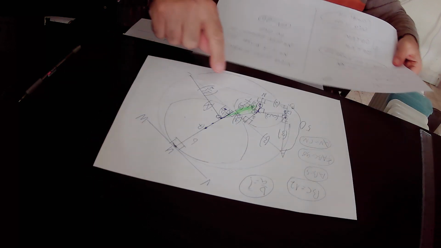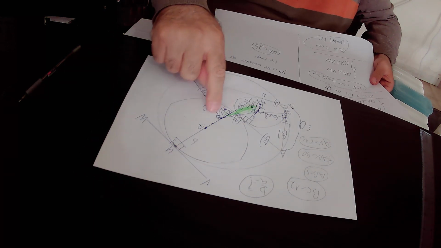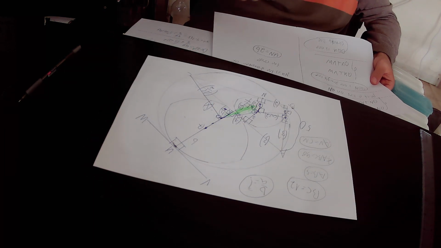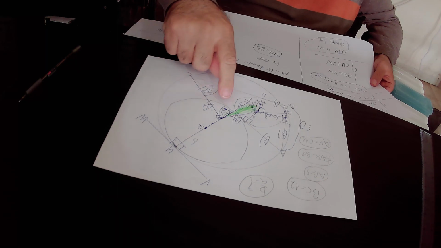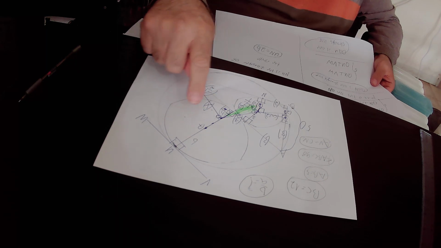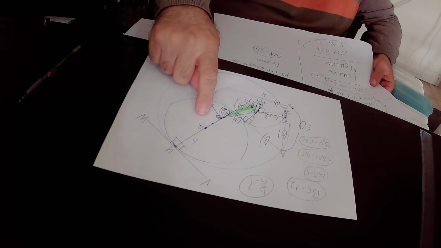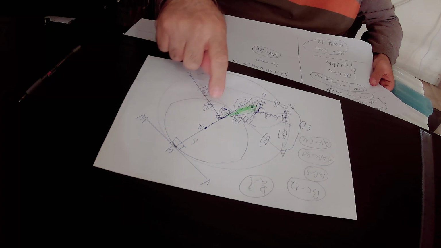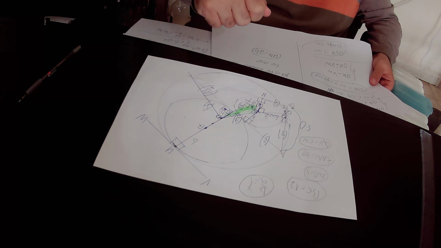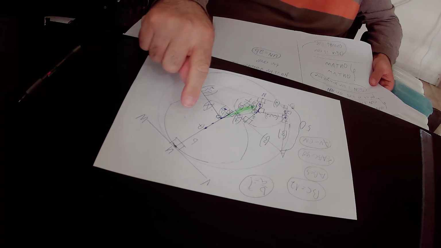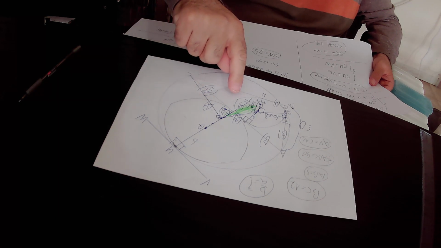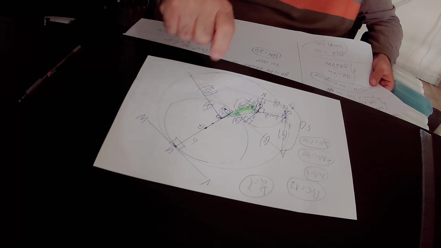So if NQU is one straight line, it means that NU is also a straight line. But NU is a straight line that touches the circle at points N and U. Therefore, NU is a chord that passes through point Q, that is the center of the circle. And we know that any chord that passes through the center of the circle must be the diameter of the circle. Therefore, NU is the diameter of the circle.